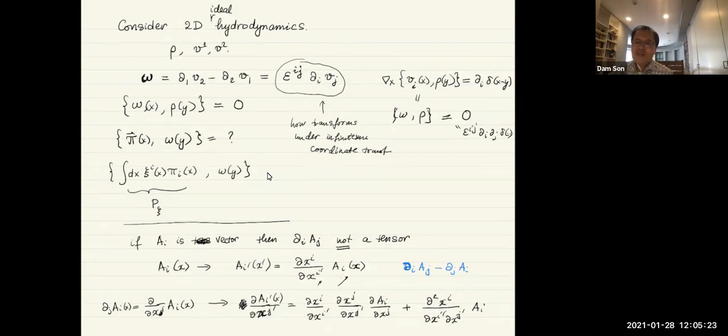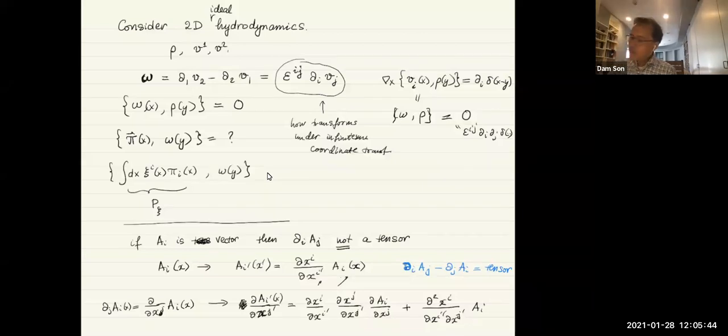So if you take, instead of d_i A_j, the combination d_i A_j minus d_j A_i, it's a tensor. The antisymmetric derivative of a vector is a tensor. So curl is still a tensor in this sense.